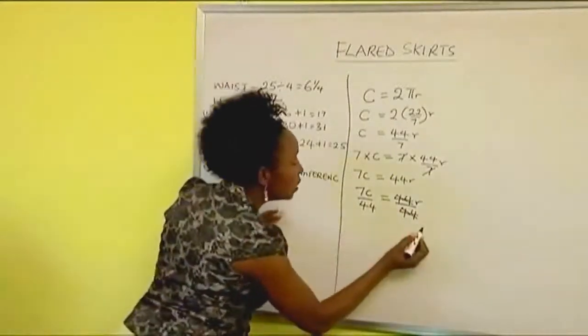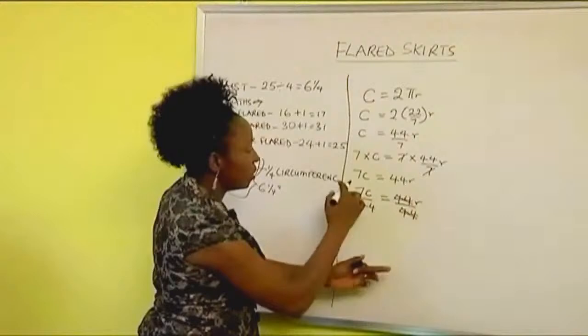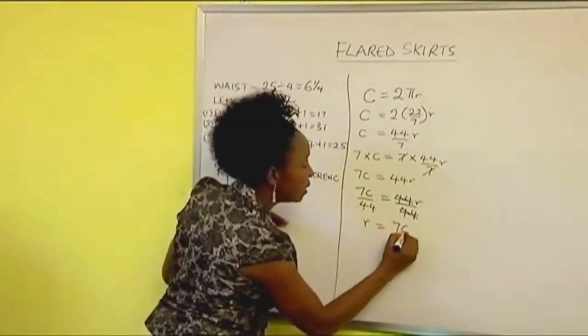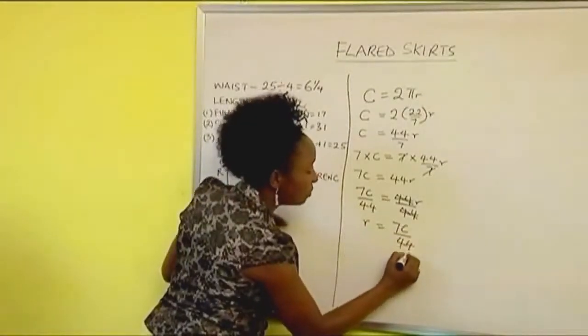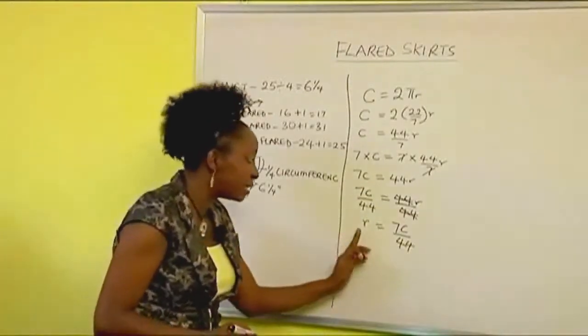Now I'll change this to the other side, and that will be r equals 7C/44. Easy.